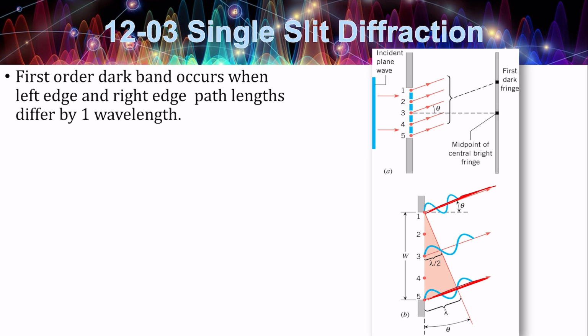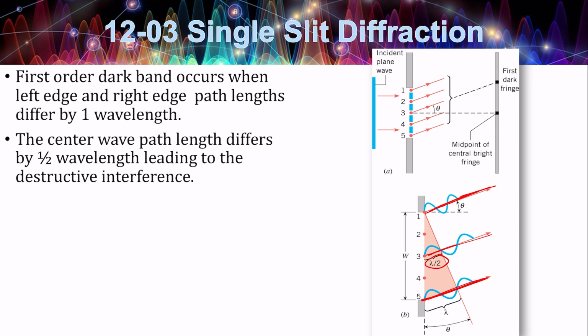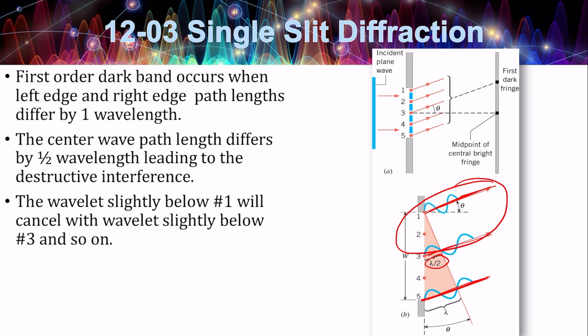So think about just right before they differ by 1 full wavelength, because halfway in between, they differ by half a wavelength. So the center wave differs by half a wavelength, which has destructive interference. So those two paths have destructive interference.